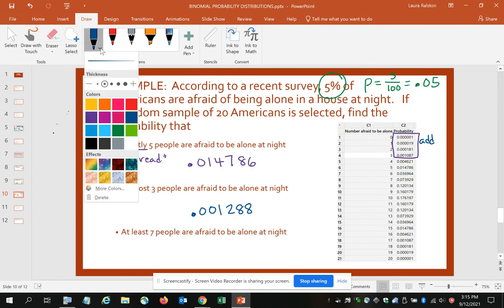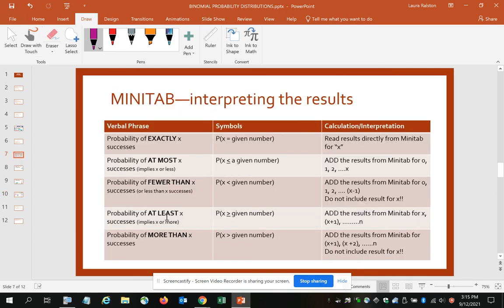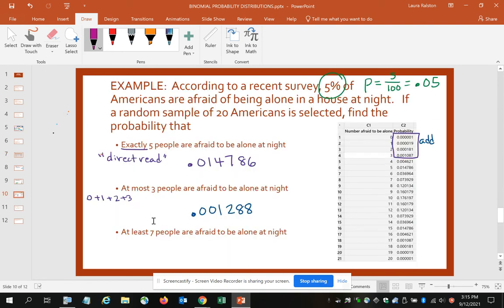The last question here is at least 7. So if I go back again and look at least, okay, at least says add the results from Minitab from X all the way up to N. So in this problem, that means we would start at 7 and go all the way down to 20.